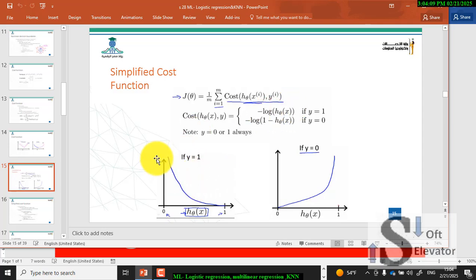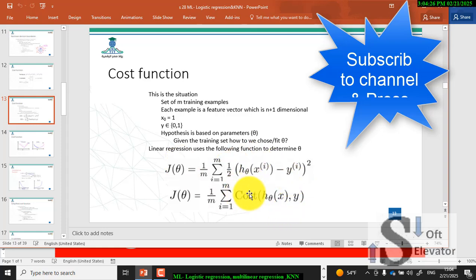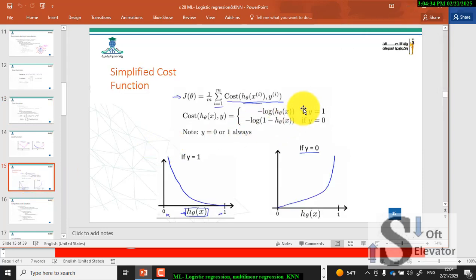This is the curve of minus log of h of theta of x, where h of theta of x is this term. Here we have minus log, where if y equals 1, minus log times 1 minus h of theta of x if y equals 0. If we add these two, we will go to the vertex.